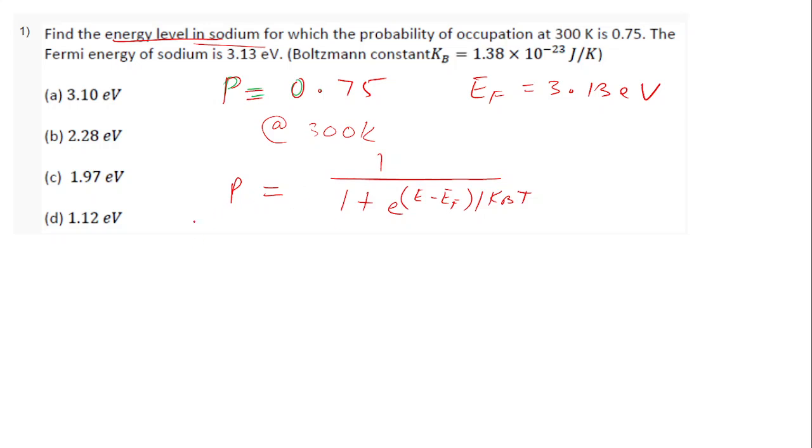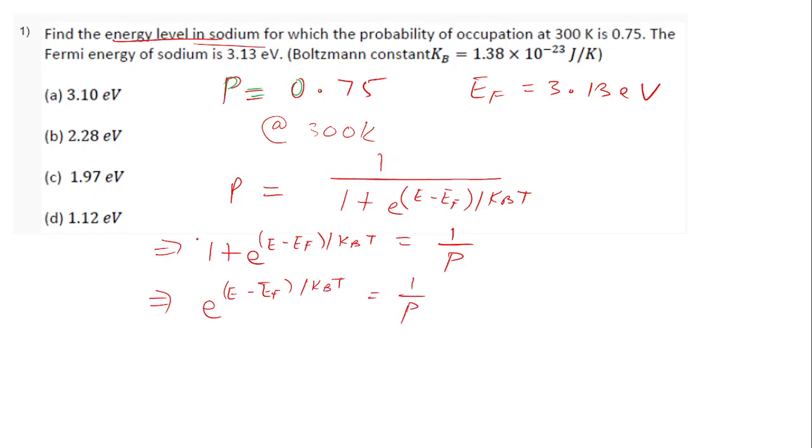So we'll rearrange this equation, and this will become e to the power (E minus EF) by kBT is equal to 1 over P minus 1. This 1 I will bring to the right hand side, and it will be 1 by P minus 1.